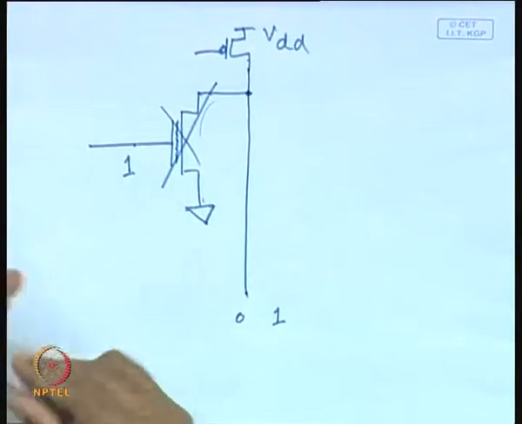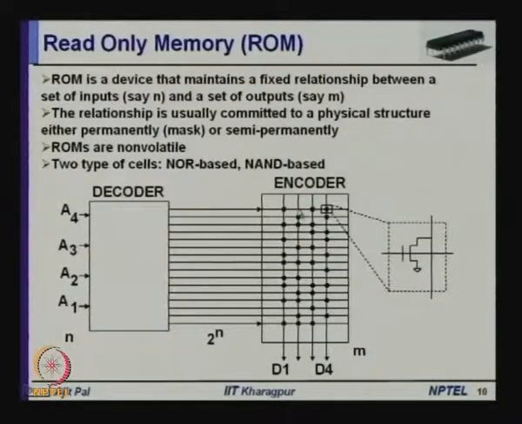That means, a MOS transistor is fabricated wherever the input will affect the output, and wherever it is not necessary, I mean 1 is to be stored, this MOS transistor is not fabricated. So, you can see here at this junction there is no MOS transistor. So, if this line is 1, you will get 1 on D2.